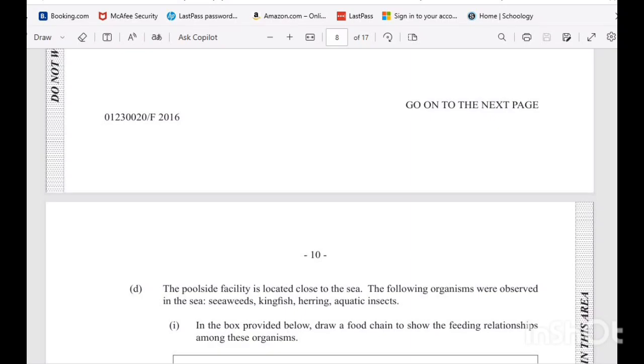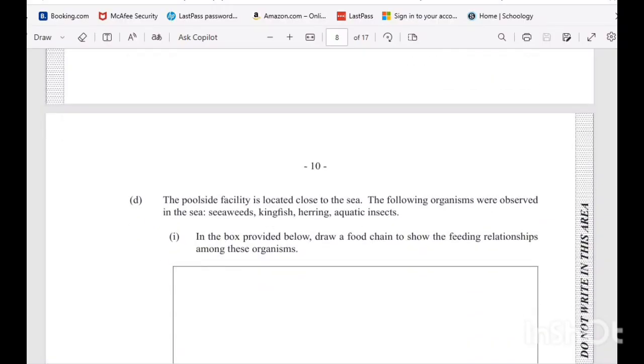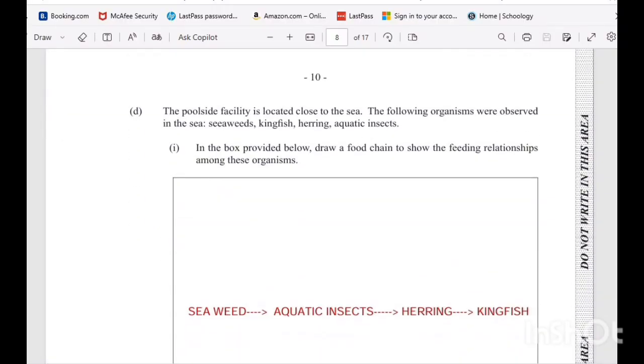So, food chain. You're going to use those organisms in the question to create the food chain. All right, once you've done that, let's look at the answer. So it would be the seaweed starting the food chain, the aquatic insects after, the herring after, and then the kingfish.